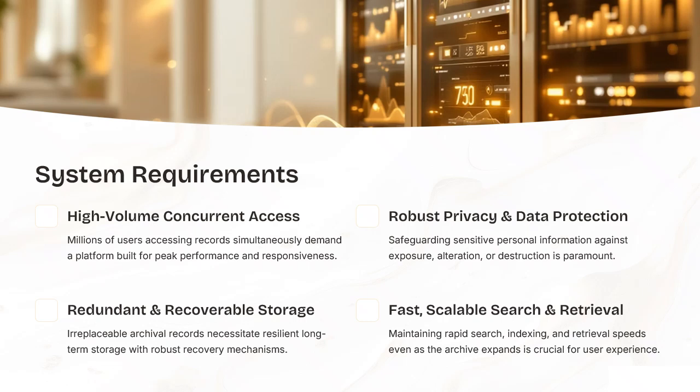So the initial requirements we have for Heritage Vault 2.0: FamilySearch must serve millions of members, researchers, and genealogists who need to access records at the same time, which means concurrency and uptime are of utmost importance. Since these archives contain personal and sensitive information, our system must strictly protect confidentiality and prevent unauthorized changes to records.